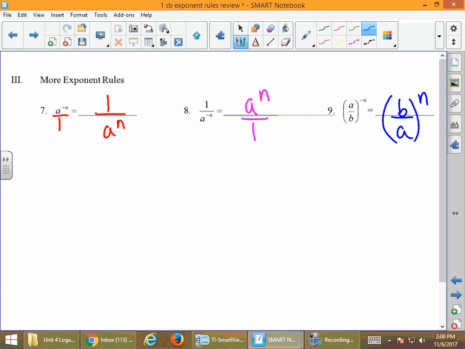What the negative exponent does is it changes something to a fraction, or it gets rid of the fraction, or it flips the fraction. The other thing is that sometimes I say, if you cross the line, you change the sign. So we cross the line, we change the sign.